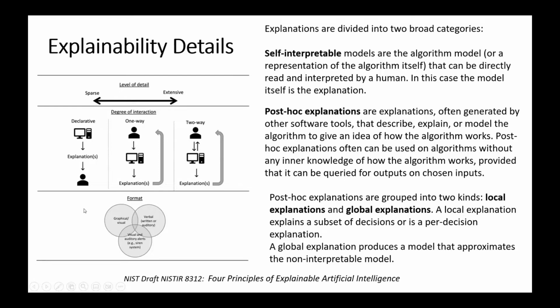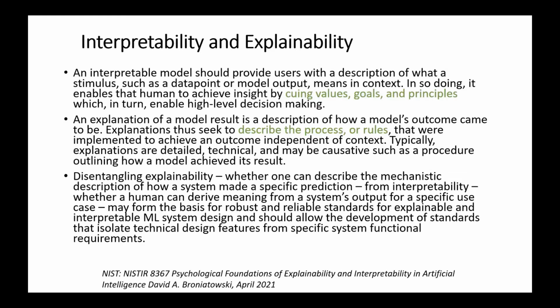The explanation can be graphical, visual, voice activated, or textual, many different ways. And it can be self-explanatory or interpretable, or it can be a post hoc explanation. The next illustration will give the difference between interpretability and explainability in further detail.